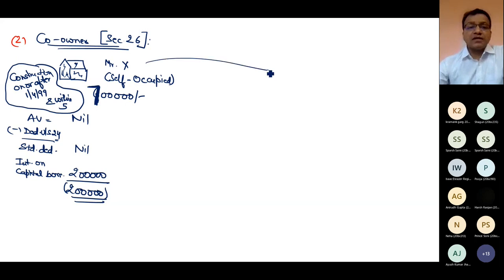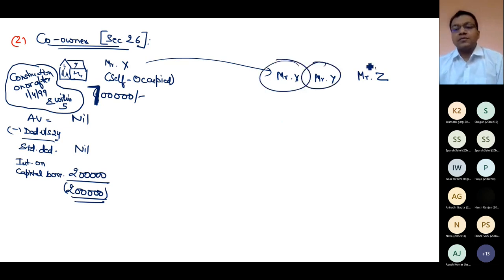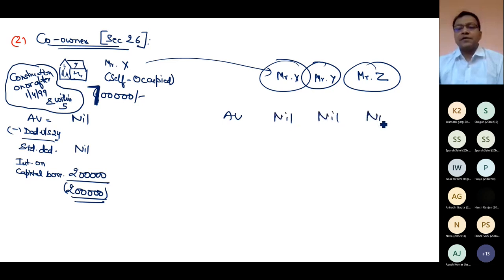Now suppose there are 3 owners, Mr. X, Mr. Y, Mr. Z, all have taken a joint loan, all are paying the installments. Total is still 7 lakh. Do you know what is the benefit? Every person becomes the owner now, and every person will say that annual value is nil. So these three have become three different identities.